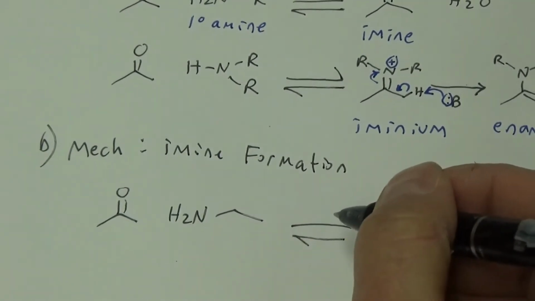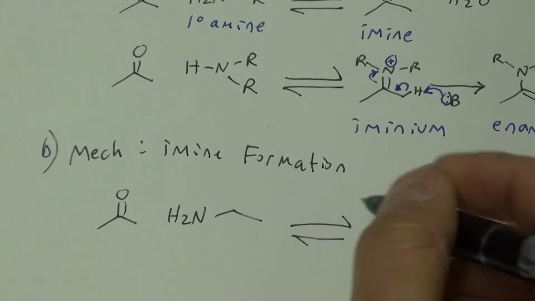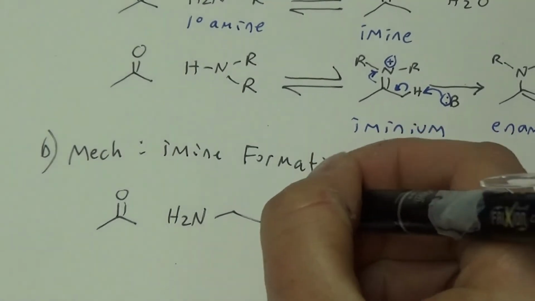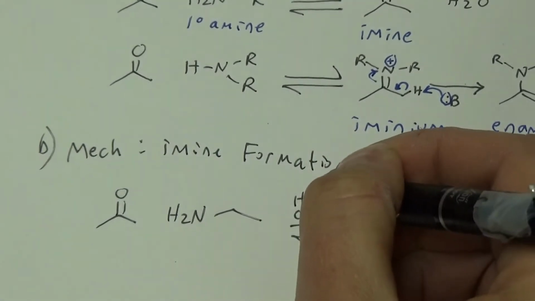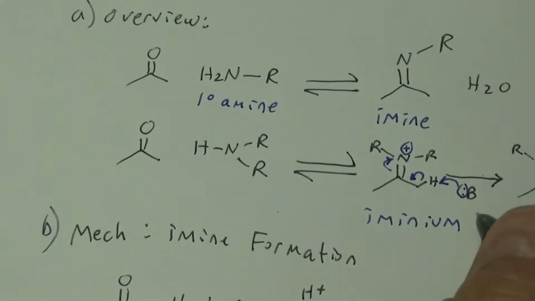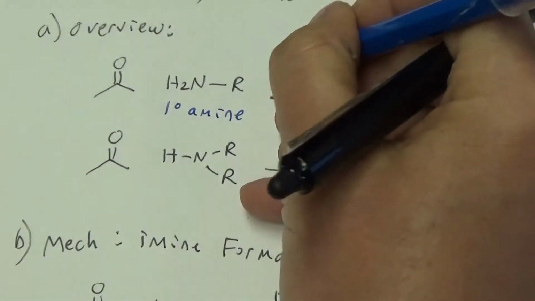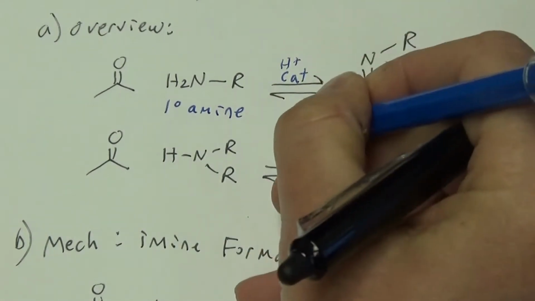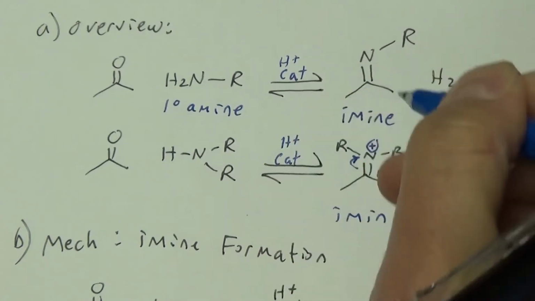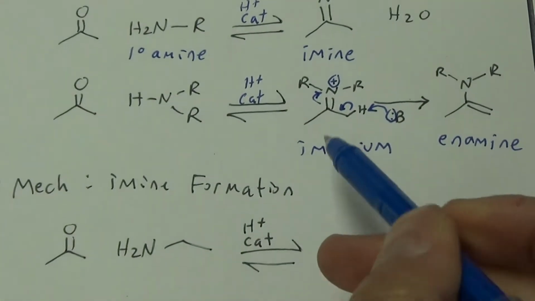Oh, one thing I should mention is that this is done under catalytic acid conditions. They're all done with H plus cat. Let's write it up here. H plus cat. All right, so they're all acid catalyzed.